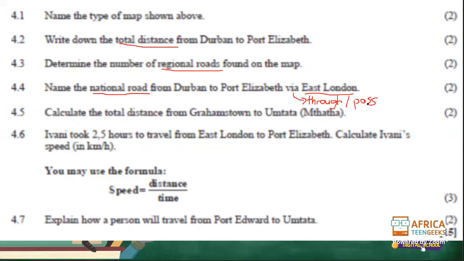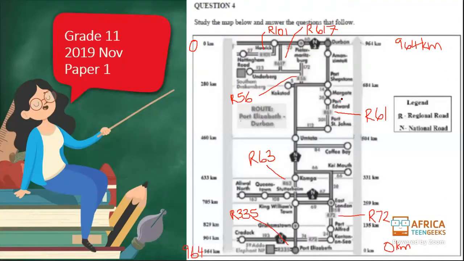Okay, going back to our map. We need to identify the 2 towns. There's Durban, there's PE, and there's East London. So I need the name of this road that goes past East London.